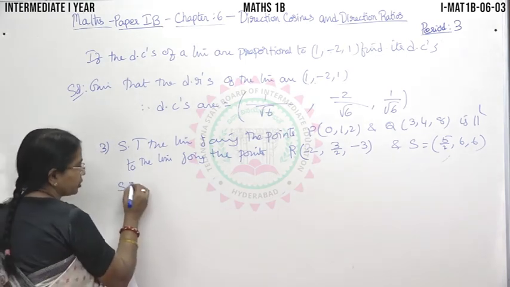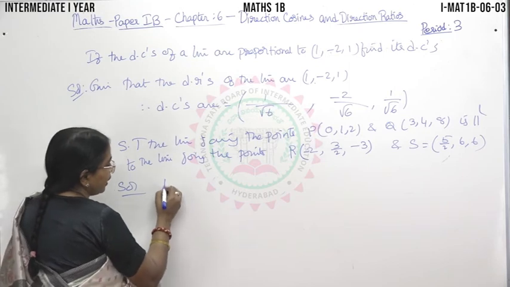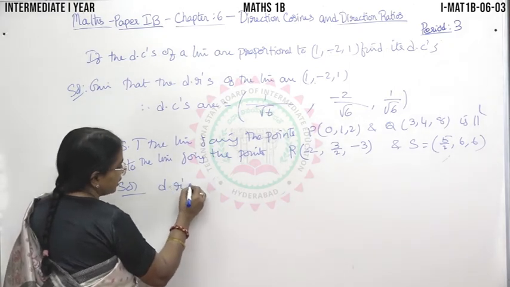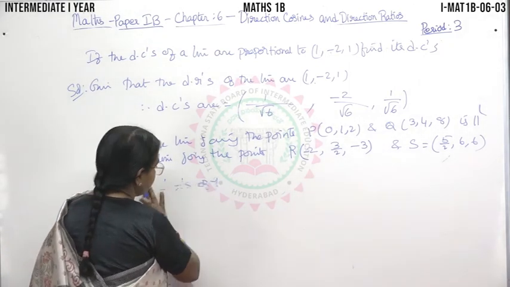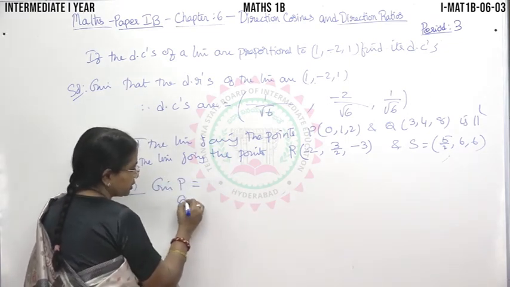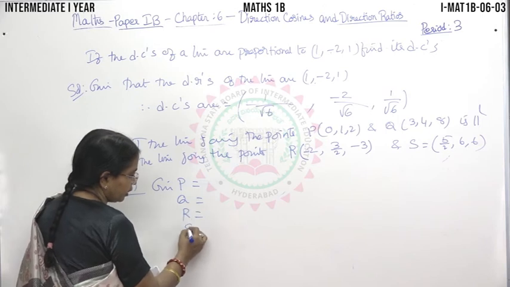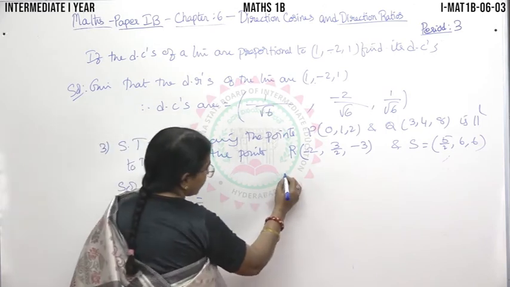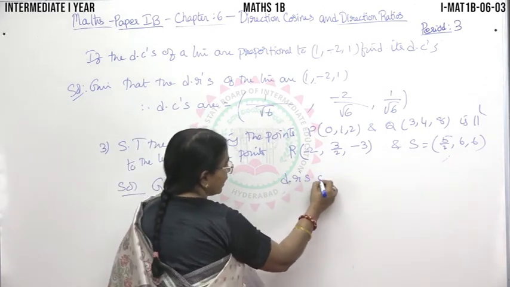So in the solution you first write all the points: P, Q, R, S. After that you write the DRs of the line PQ.